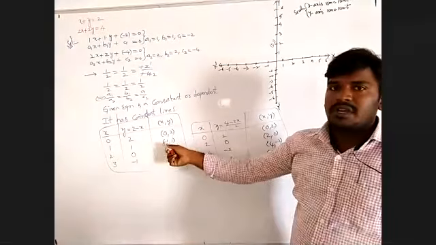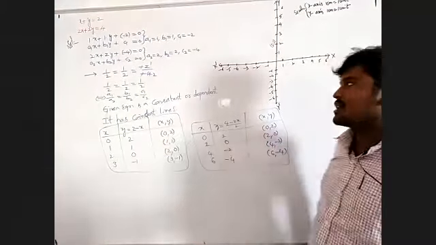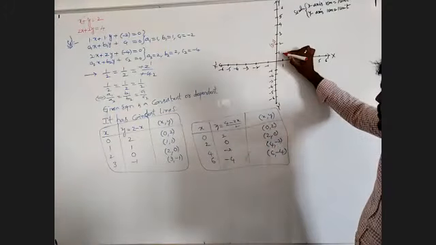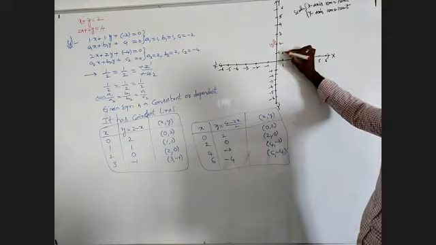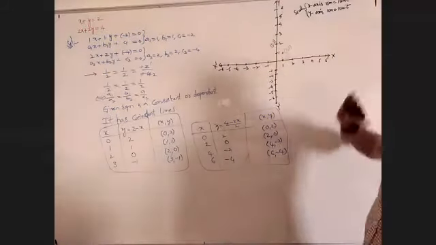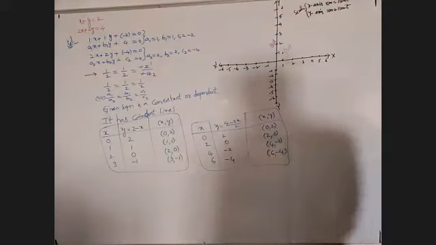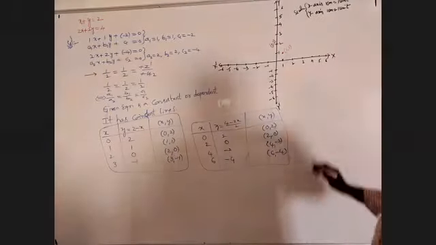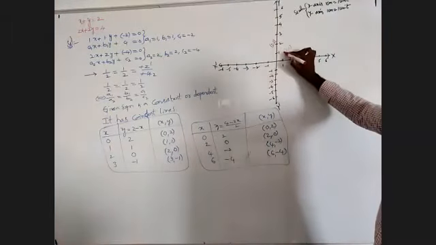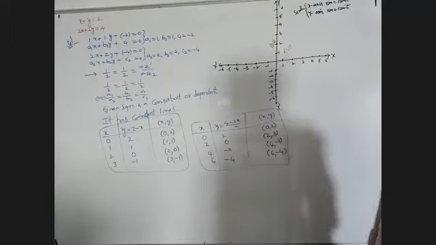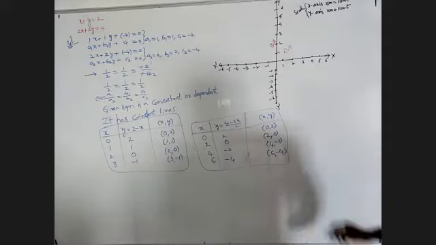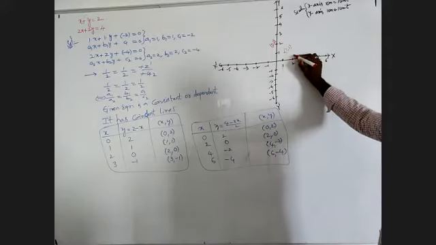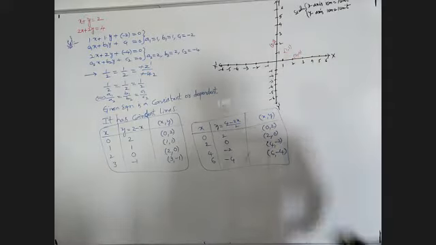On the x-axis we take 1 and on the y-axis also 1. This must be 1, 1. After that I have to take 2, 0. For 2, 0, y must be 0, which means it lies on the x-axis. We take the point 2, 0.